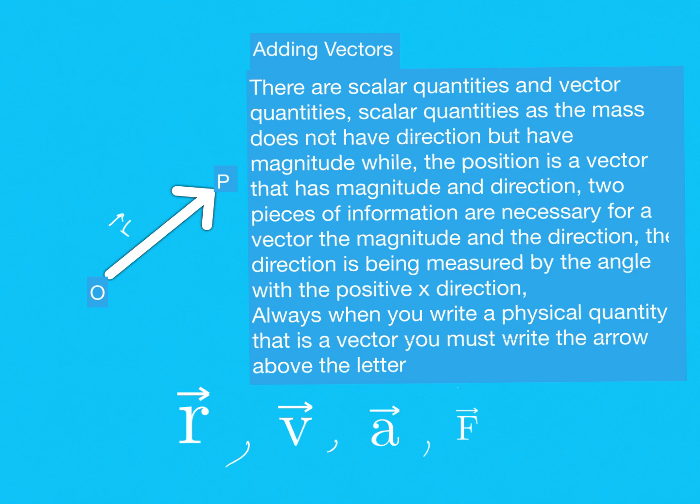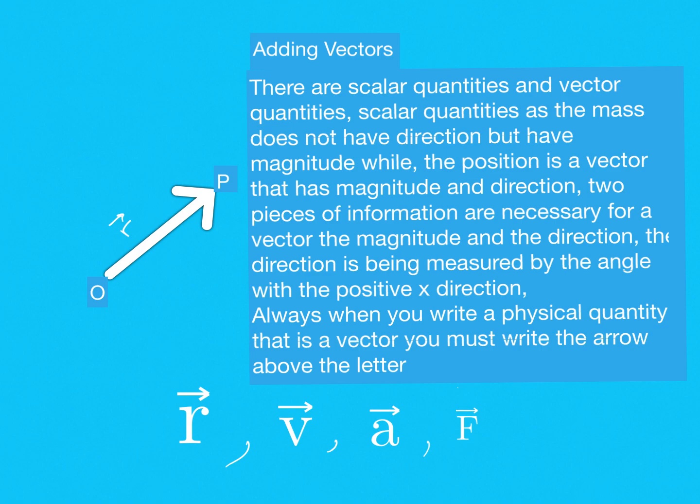The kind of quantity that we are going to deal with is different. They need directions. So they add in a different way. So we need to add quantities that have magnitude and direction. And we need to postulate a law for how we sum two vectors.